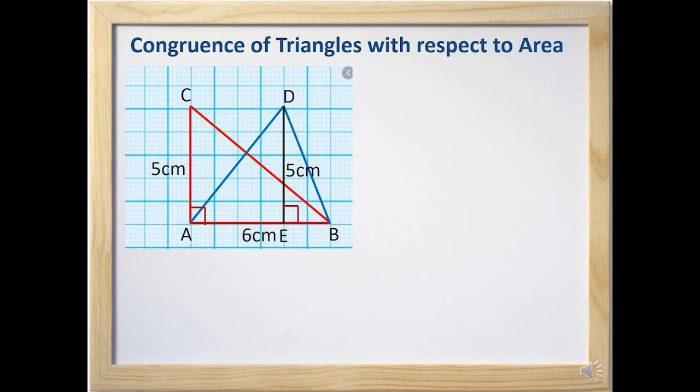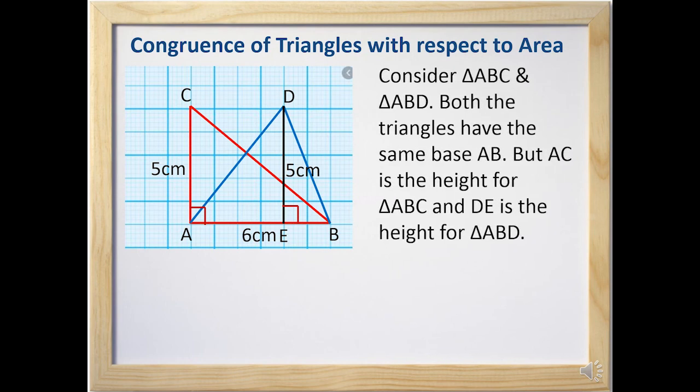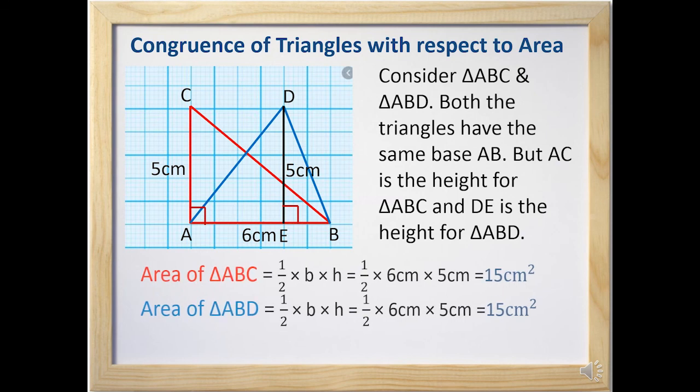Now we are going to find the area of both the triangles. Both the triangles ABC and ABD have the same base AB, but AC is the height for triangle ABC and DE is the height for triangle ABD. What is the area of triangle ABC?